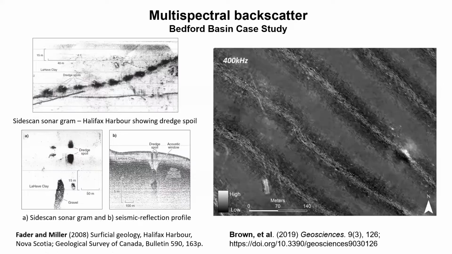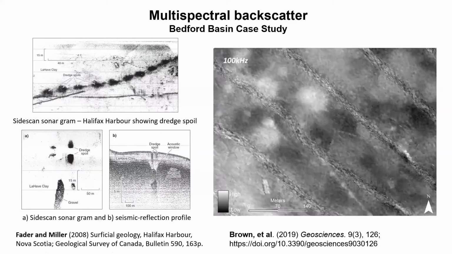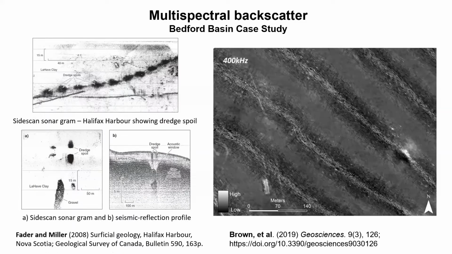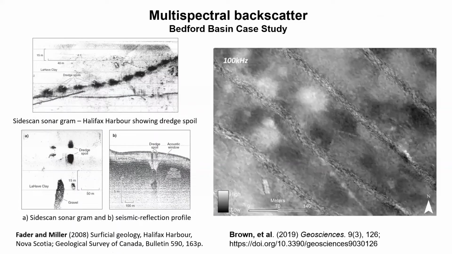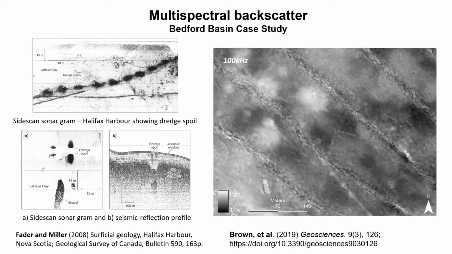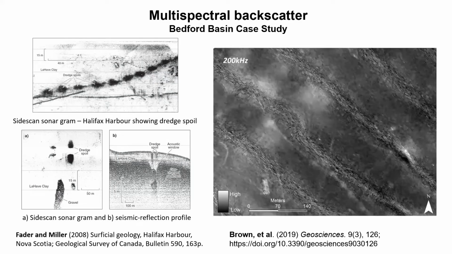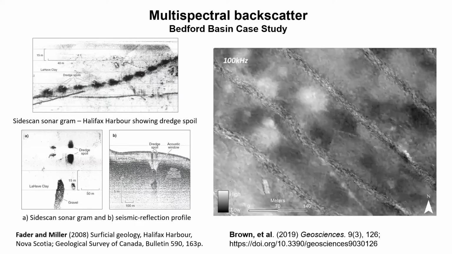So it's Halifax environment for being built when the material was dumped into the Bedford Basin. But that's been overlaid and smothered with softer sediments over the years. So this is just a little GIF where it's cycling through the different frequencies. You can see these spots here are what we've assumed with a dredge spoil that's been overlaid with material.